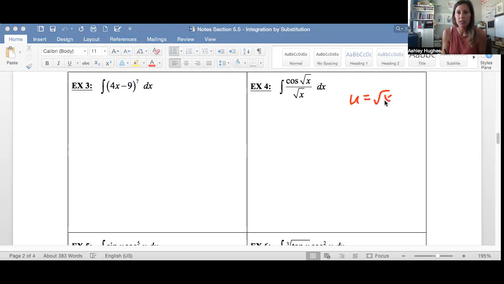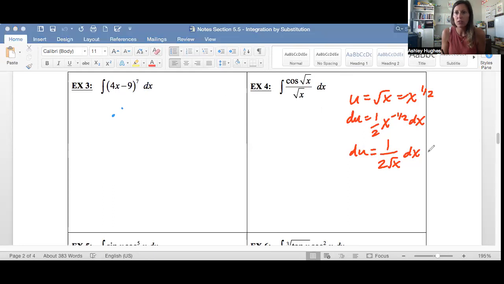U is the square root of x, which is x to the 1/2. Du is 1/2 x to the negative 1/2, which is 1 over 2 root x. And so if I solve for dx, you multiply by 2 root x.